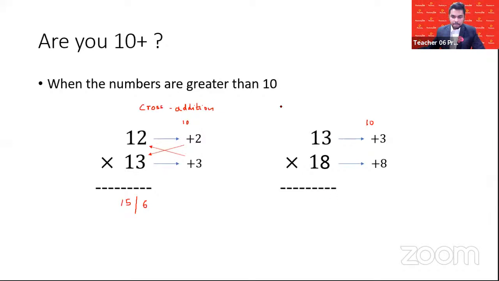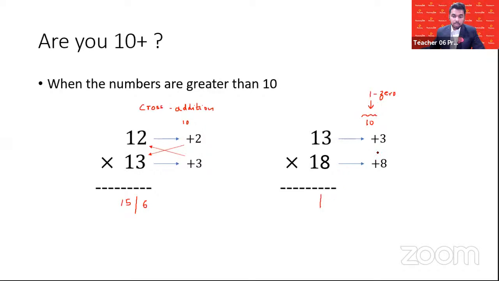So first number is going to be 3 times 8. But the rule that you have to keep is, if you just multiply these numbers, we have connected to the base of 10. There is only one zero in 10, which means there is only one place that is allowed on the right hand side number.